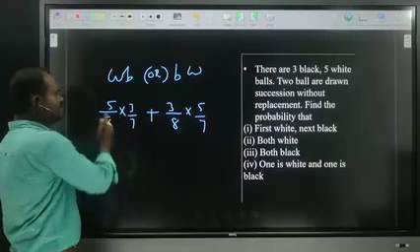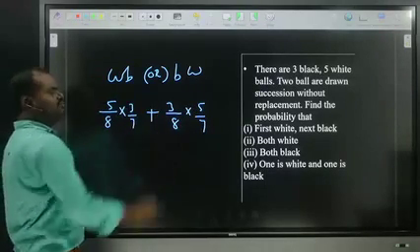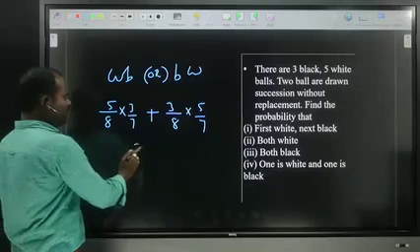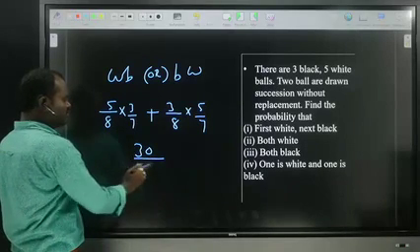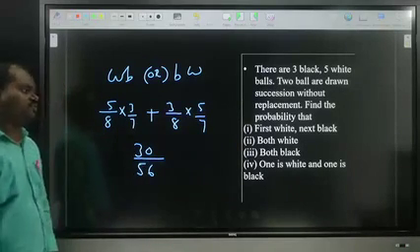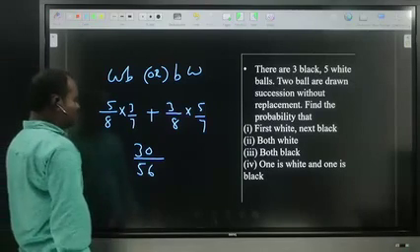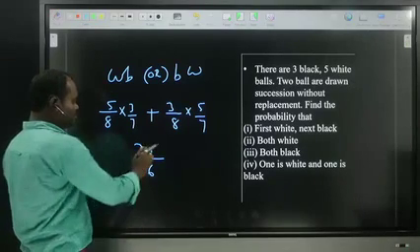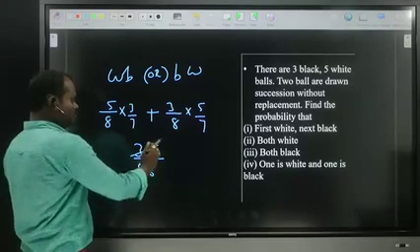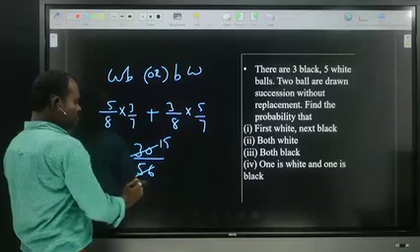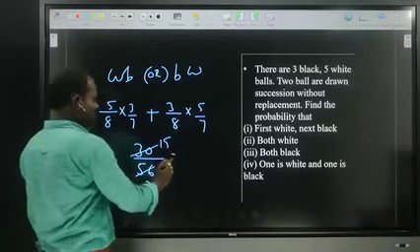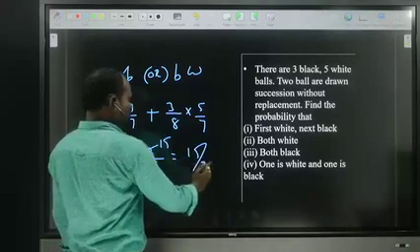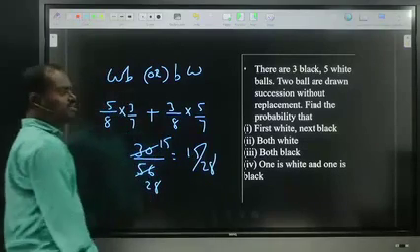Same thing you will get: 15 by 56, 15 by 56. 15 plus 15 is 30 by 56. We can cancel in the table of 2: 15 and 28. So 15 by 28. Right?